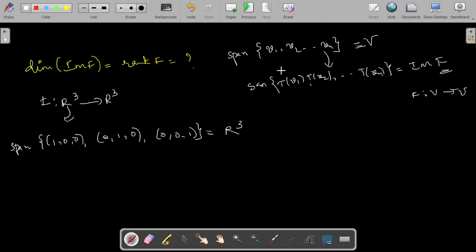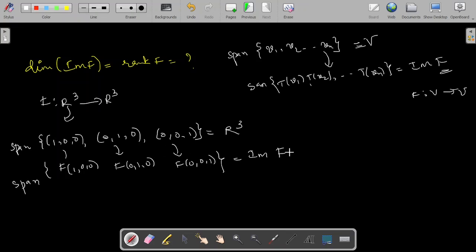As per this proposition, the images of these vectors, f of 1 0 0, f of 0 1 0, f of 0 0 1, the span of these vectors equals the image space of this transformation.